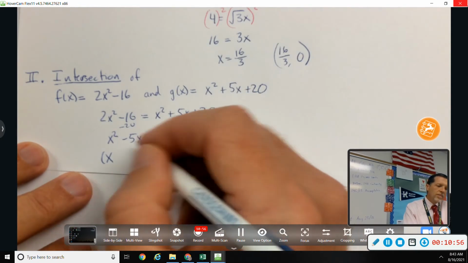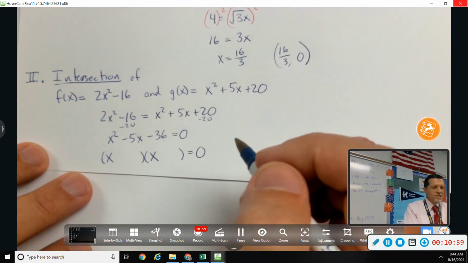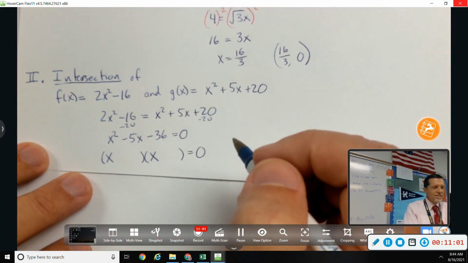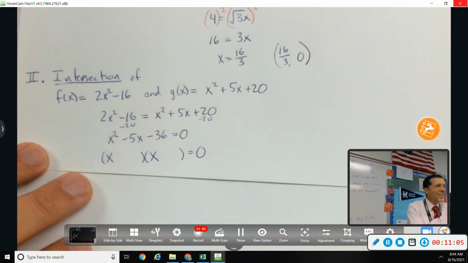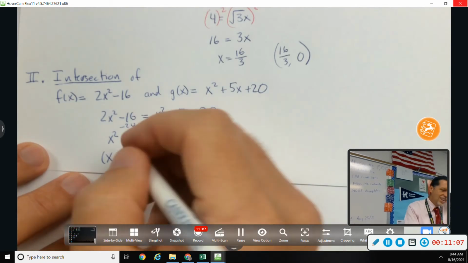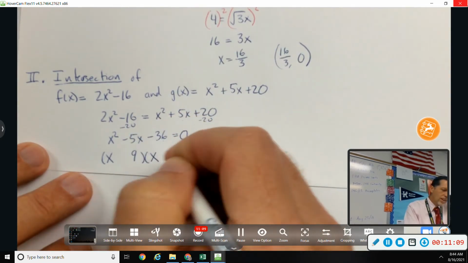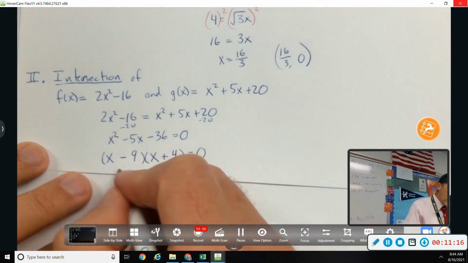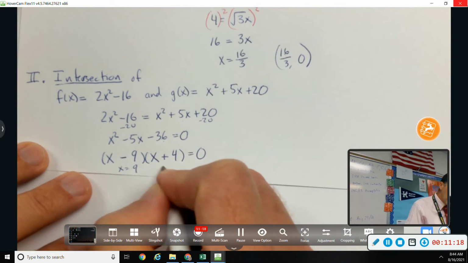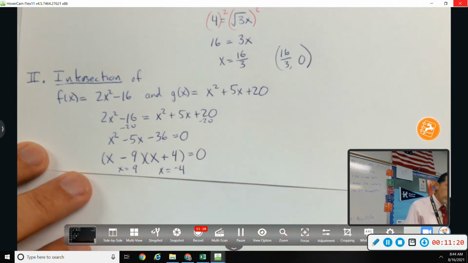Multiply to 36, add to 5. I think so. Somebody said it, I think. 9 and 4, with a negative 9 and a positive 4. x equals 9, x equals negative 4.